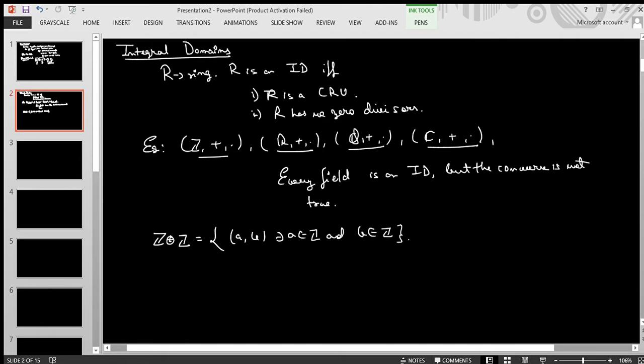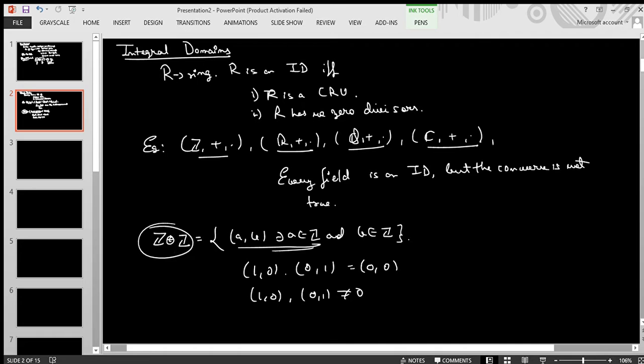Let us see whether it has a zero divisor or not. It is very easy to see that you have (1, 0) and (0, 1) in this particular set, and their product will give you (0, 0). But (1, 0) and (0, 1) are not equal to 0, therefore this has zero divisors, so it cannot be an integral domain. Clear?